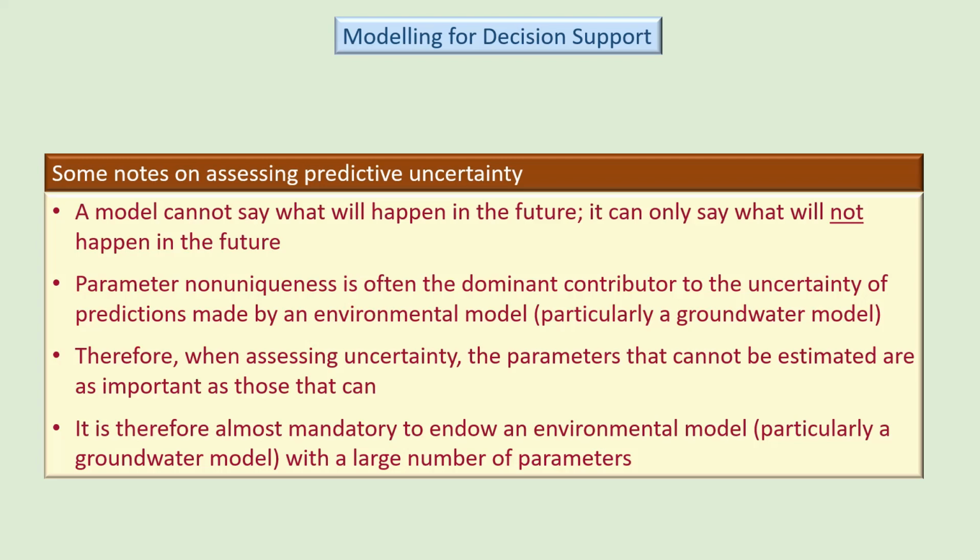What also must be recognised is that given the important role played by uncertainty analysis in decision support modelling, given the fact that parameter non-uniqueness is often a large contributor to the uncertainties of decision-critical model predictions, we must endow a model, particularly a groundwater model, with a lot of parameters, not because they can be estimated uniquely, but precisely because they cannot be estimated uniquely, because unless they're represented in the model, how can we quantify the uncertainties of decision-critical model predictions?